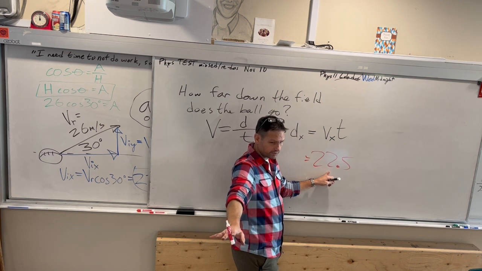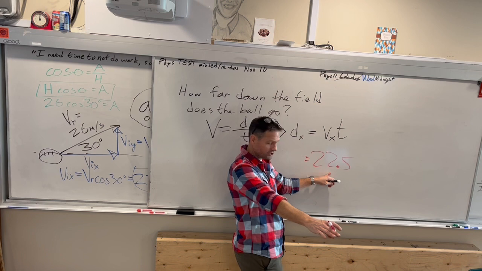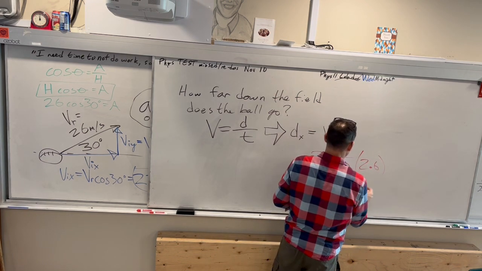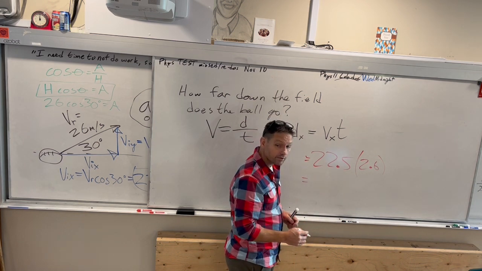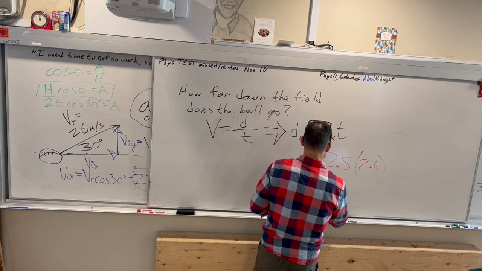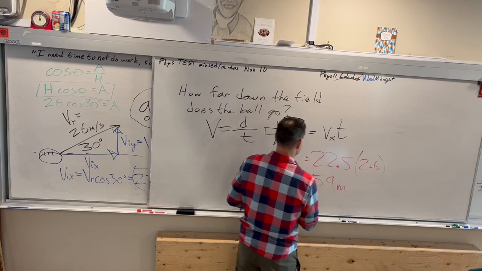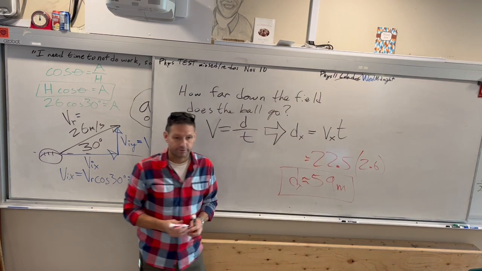It's both, right? It's all the time 22.5. And on the flat horizontally, it does not change. We know it's in the air for 2.6 seconds, about. And so what's that, 50 or so? 58.5. Let's say 59. And that would be in meters, right? That's a pretty good punt.